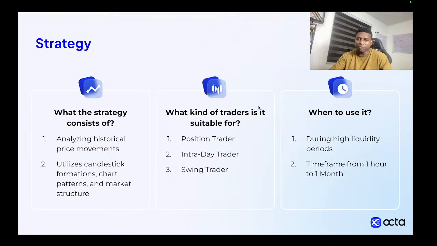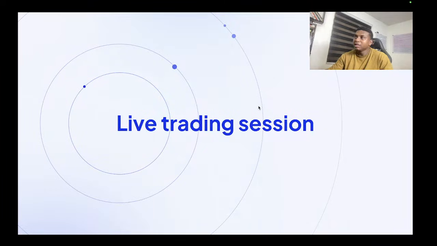This is suitable for position traders, intraday traders, and swing traders. It's best used during high liquidity periods, on time frames from 1 hour to 1 month. So that's the period that this can be used.